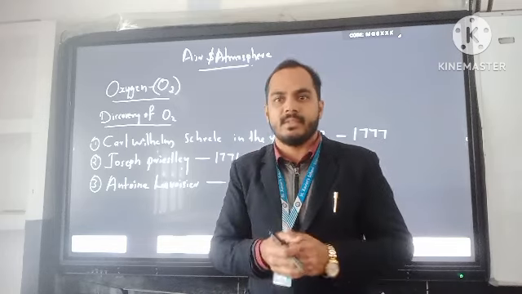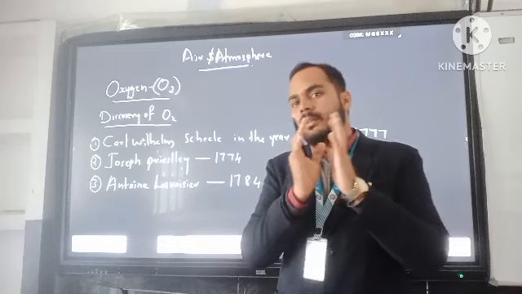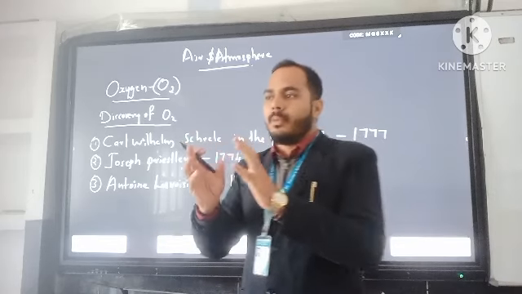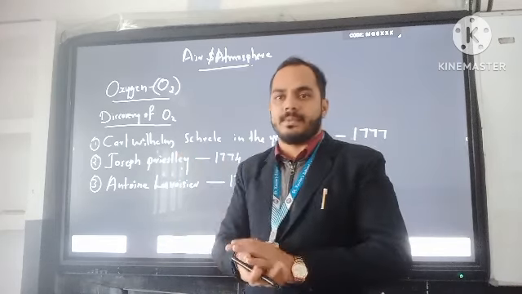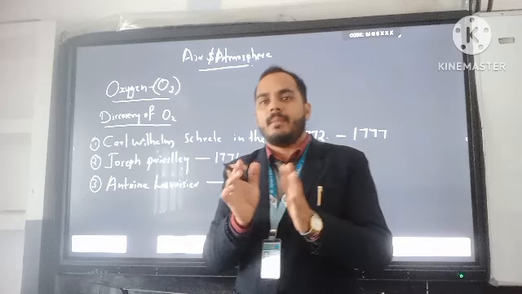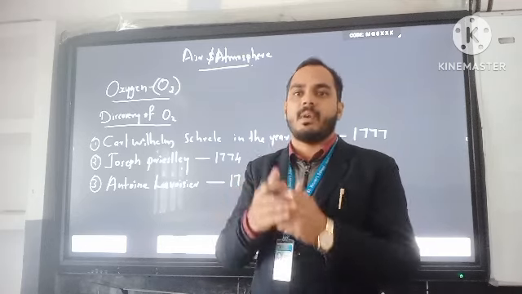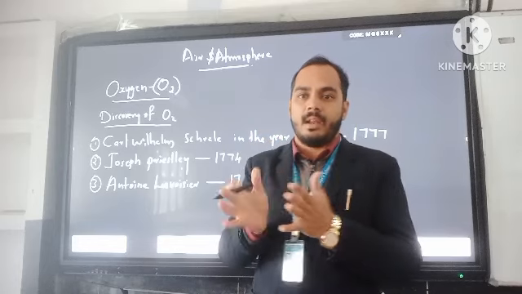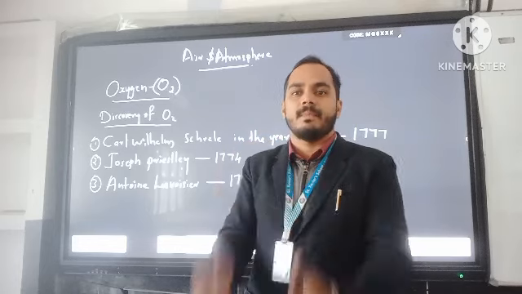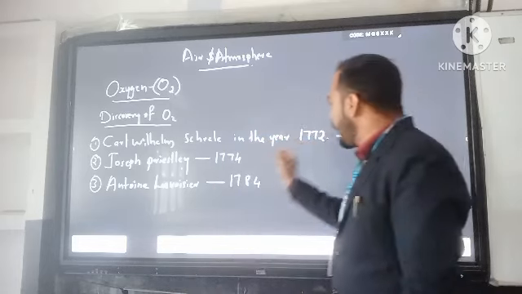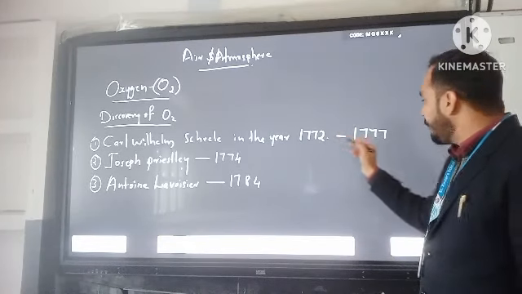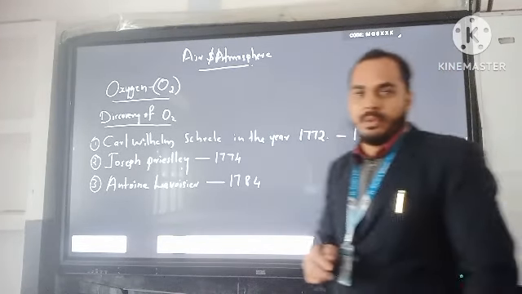One unknown gas was produced, and that gas also helped to burn the substance properly. So at that time he identified the gas, but did not give the name, and what the name of the gas was and how it helps, these details were not discovered in the time of 1772 to 1777.